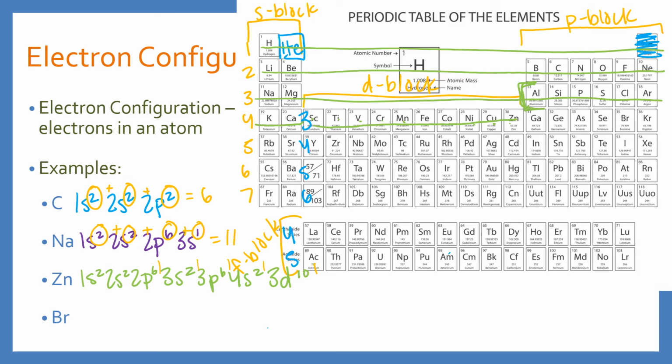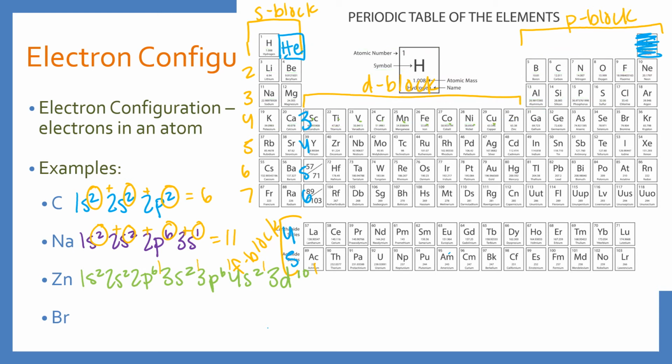Now let's go a little further and get to bromine. And clean up the periodic table a bit here. So bromine, let's give it a new color, is over here. Oh, can't see that. That's just yellow. Bromine is over here.